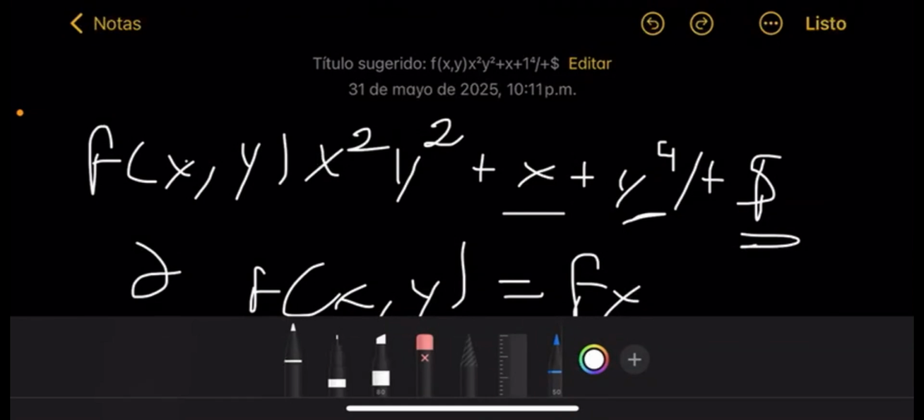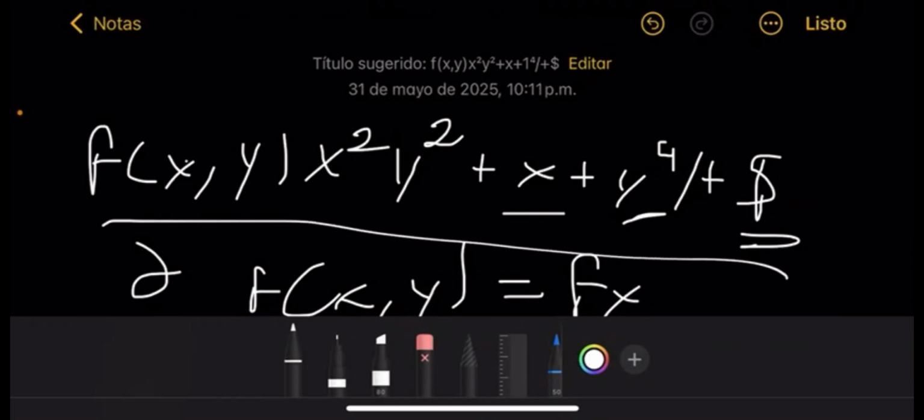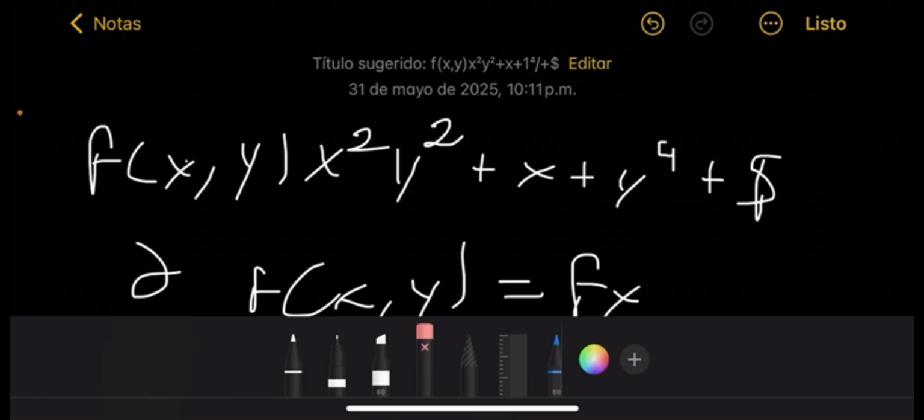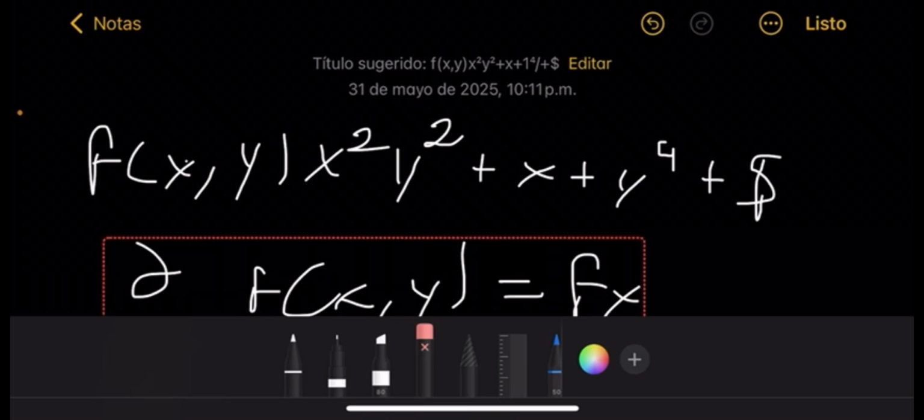Let's do the partial derivative of this function. f of x comma y equals x squared times y squared plus x plus y to the fourth plus 5, the constant 5.